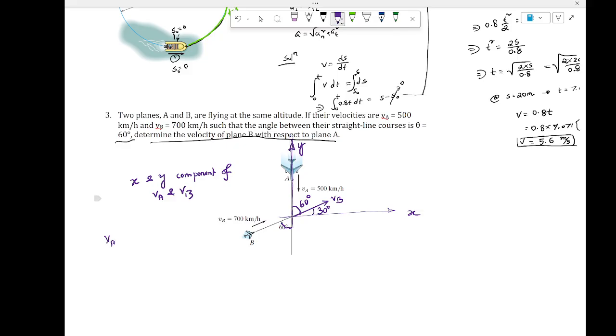So VB has VB cos 30 i plus VB sin 30 j. How many of you understand this? Everyone? No exception? Okay, can I write this VA with negative 500 j, and both of them have a unit of kilometer per hour.